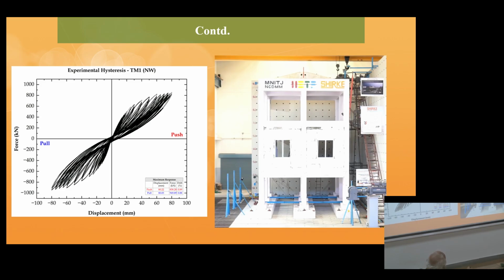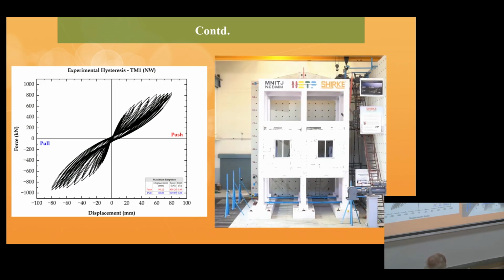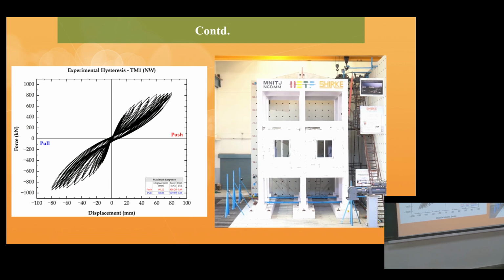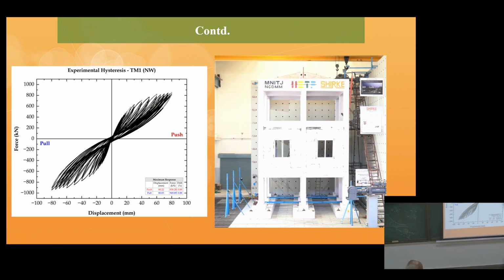And this actuator is connected over here at the center. And it is pushing. And this is a reaction wall. With this reaction wall, this actuator is fixed to it. The moment it is pushing this building, there is a thrust on this wall. And this wall is able to remain almost rigid. That is how it has been designed.